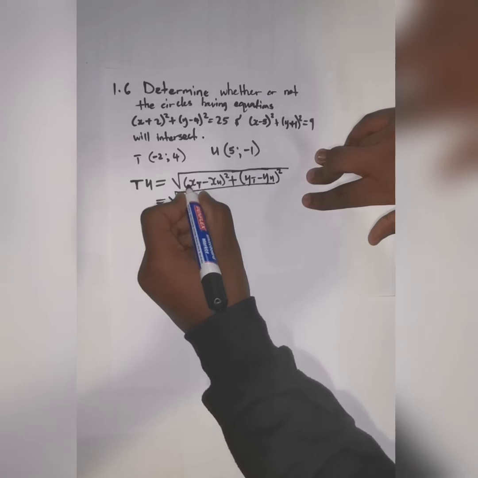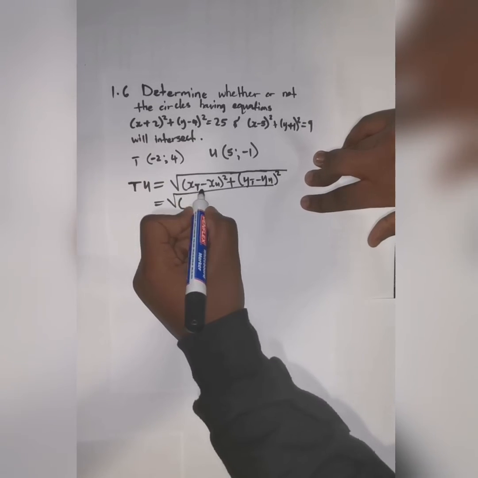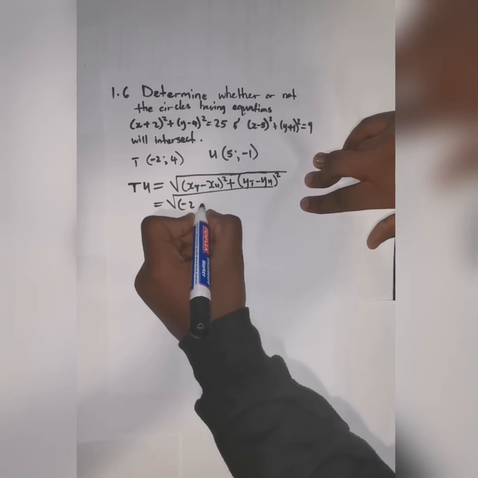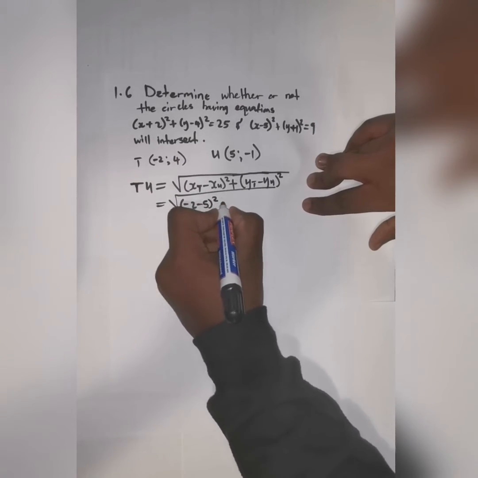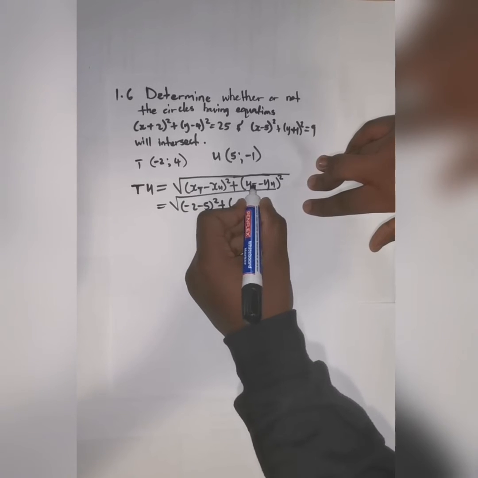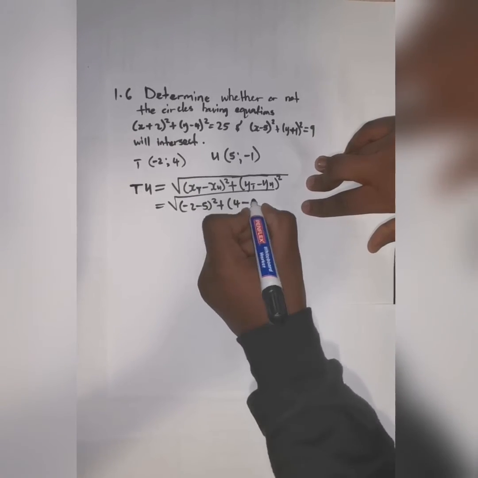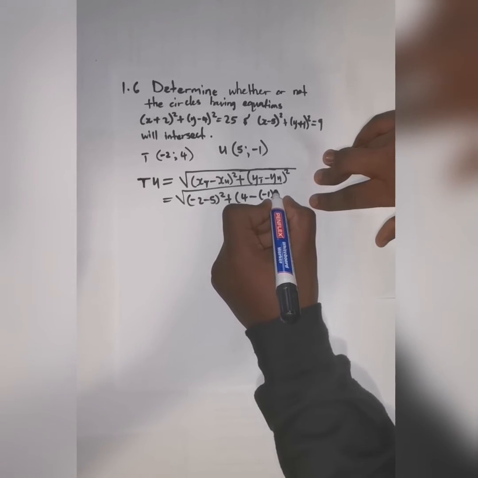We just substitute in directly: x of T, that's −2, minus x of U, that's 5, plus y of T, that's 4, minus y of U, that's −1.